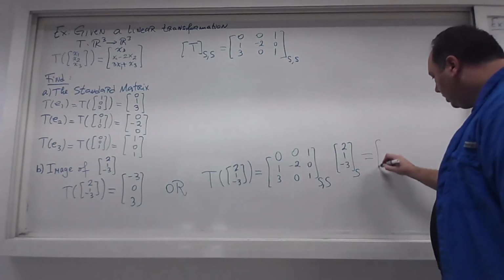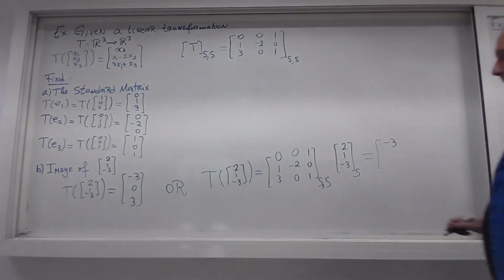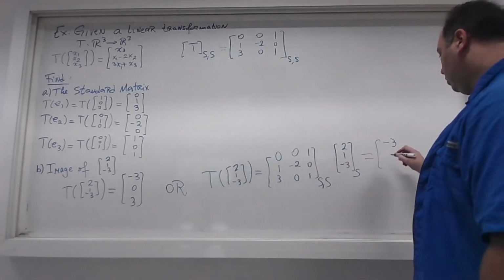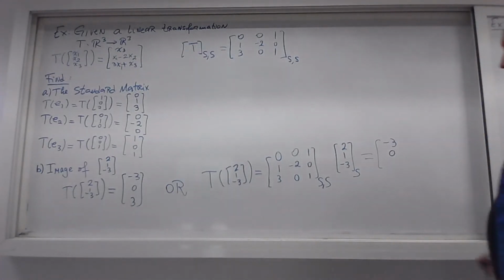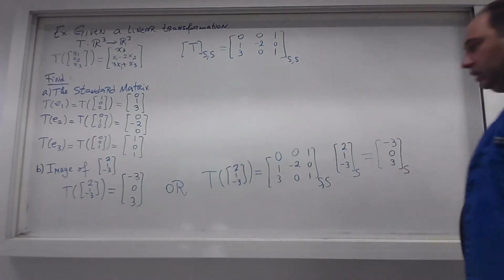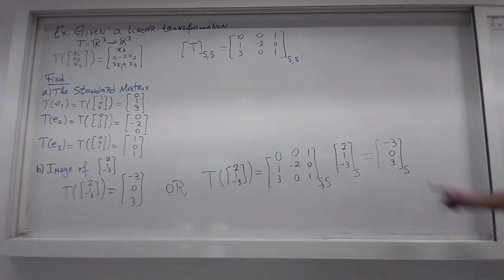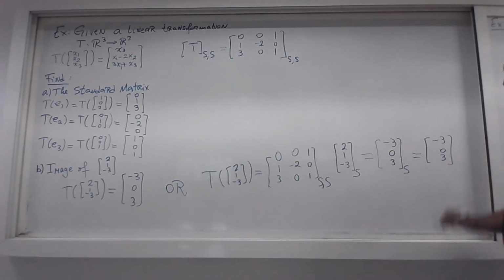So if we do the product, so we have -3, okay. Then we have 2 minus 2 plus 0, that's 0. Then we have 6 minus 3 is 3. So these are the coordinates in the standard basis, which are the same thing as the vector itself. So we got the same result, obviously.